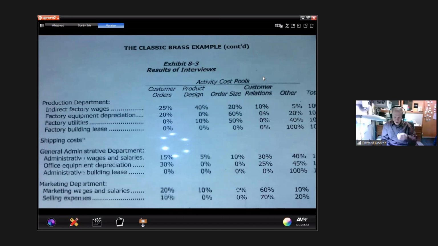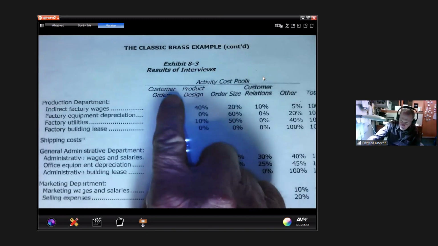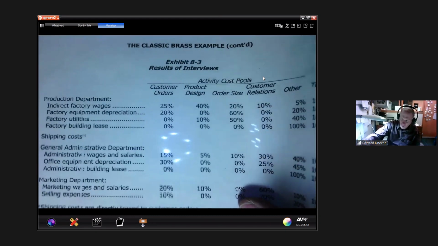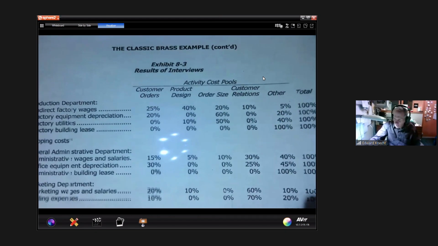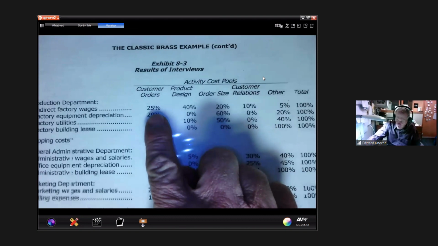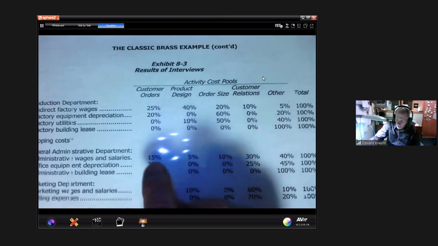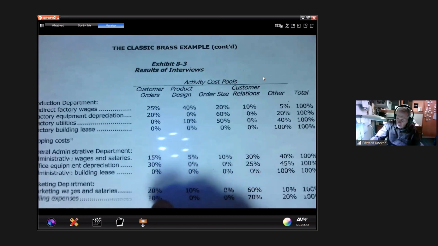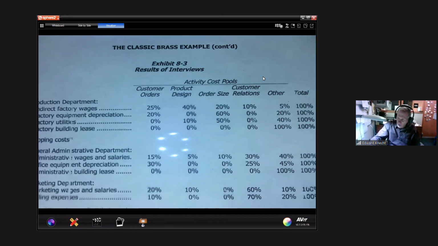The next step is to multiply these percentages times the cost for ordering. Let's add this up. 25 and 20 is 45, then 50, 60, 90, 120.